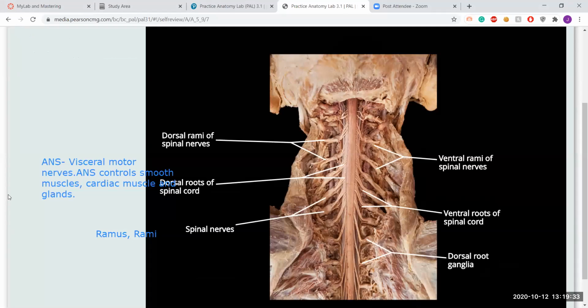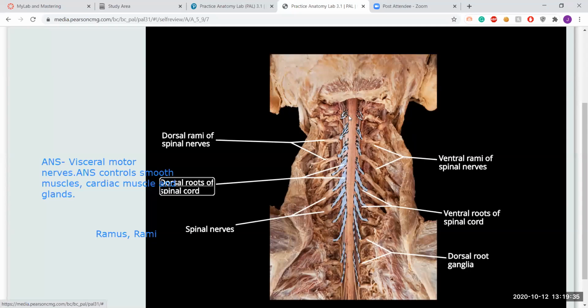This is all the cadaver. So you see, this is the spinal cord and then spinal nerves. And then dorsal root of a spinal cord. Dorsal root of a spinal cord contains the cell bodies of sensory neurons. We did this last time.